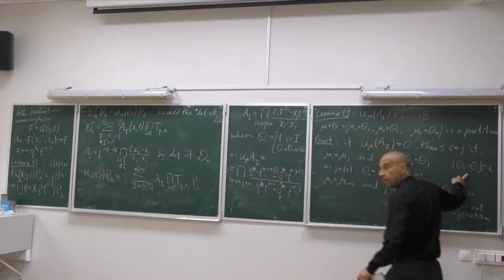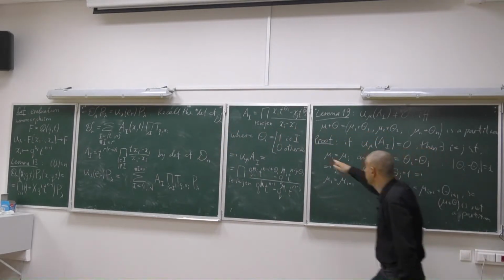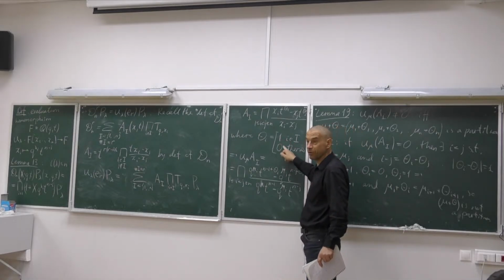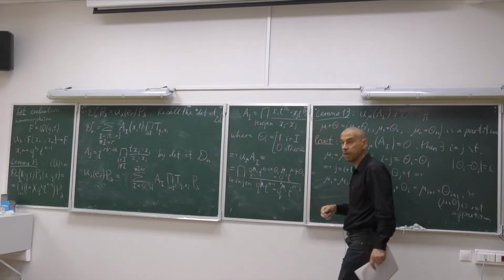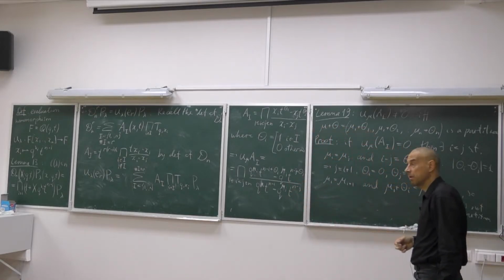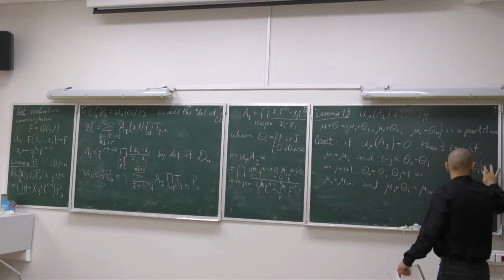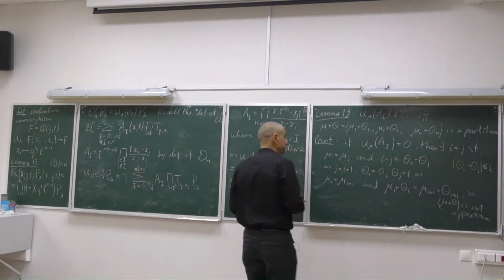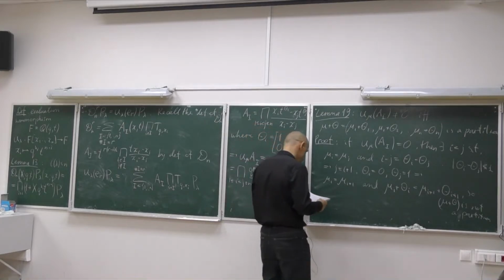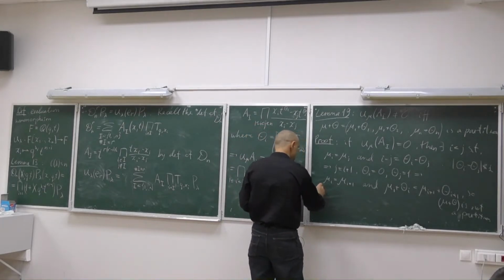Just because it's an indicator function, it's either 1 or 0. So any difference is at most 1. Oh, sorry. It's at most 1. Sorry.